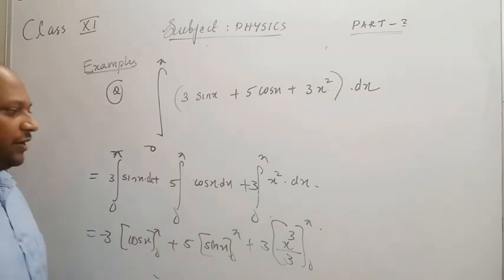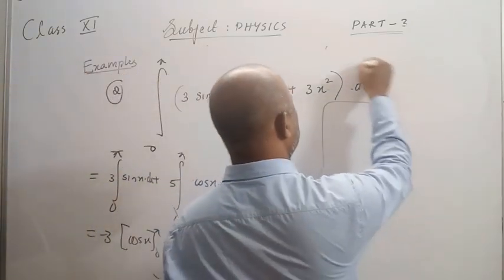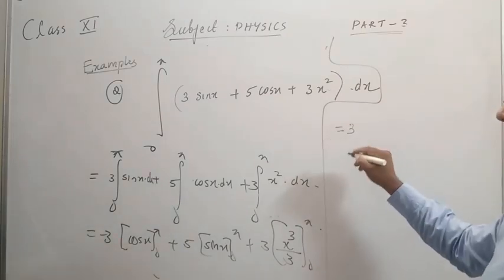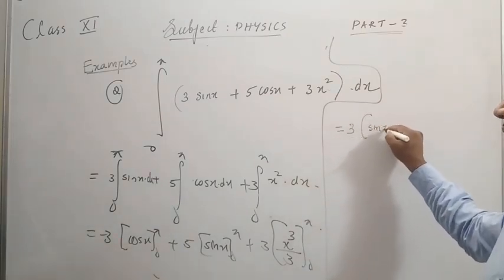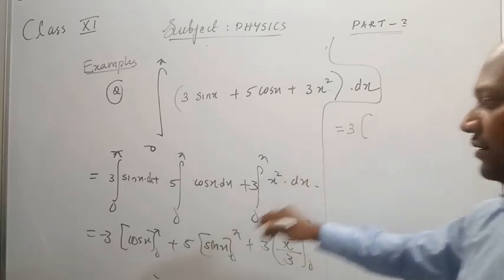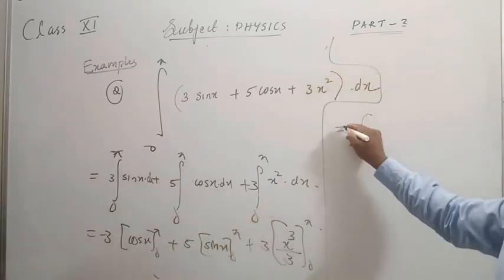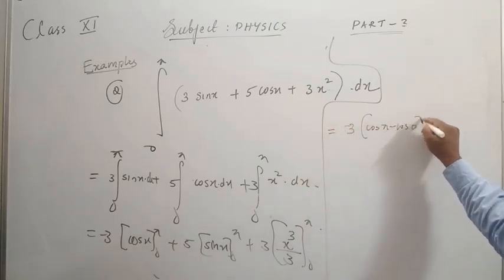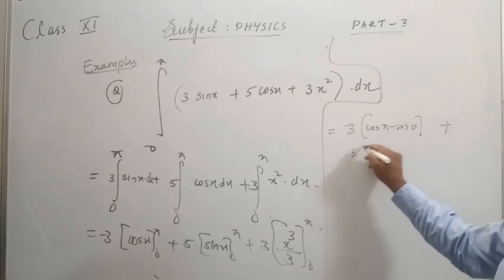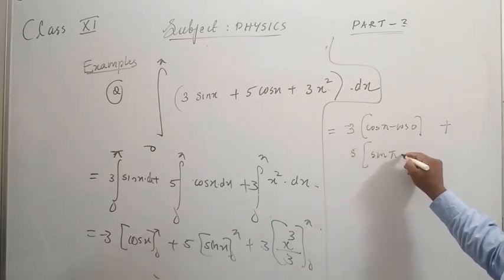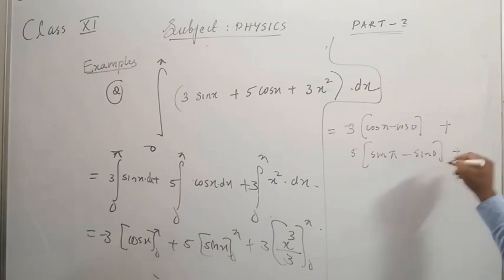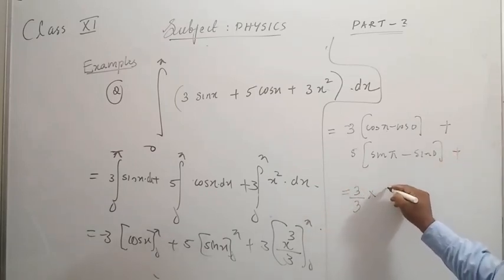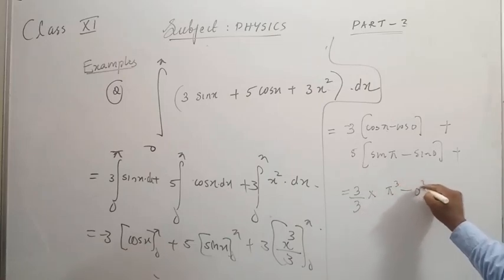So the final answer that you are getting is minus 3 into cos pi minus cos 0 plus 5 into sin pi minus sin 0 plus 3 upon 3 into x cube, so pi cube minus 0 cube.